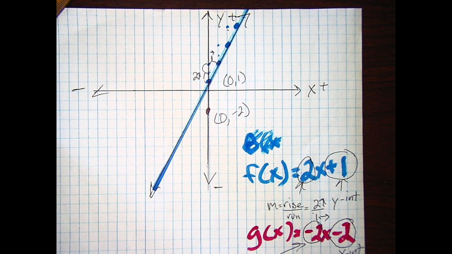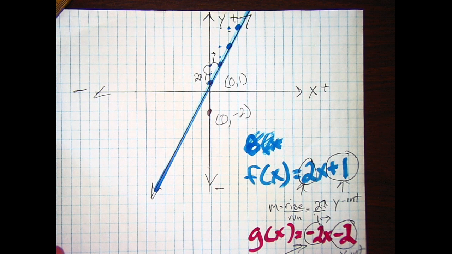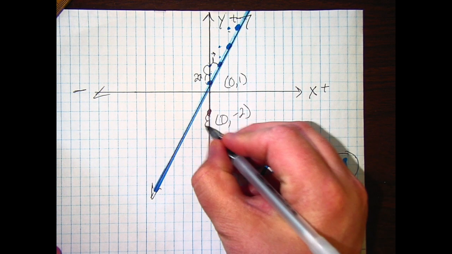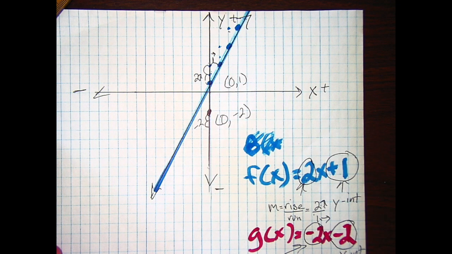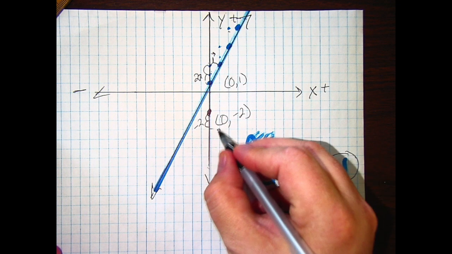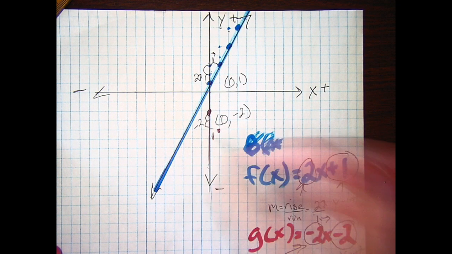Now because the 2 is negative on the top number, what does that mean? That's right. I'm going to go down 1, 2 because I have a negative 2 here, and then I'm going to go over 1 because I have a positive 1.